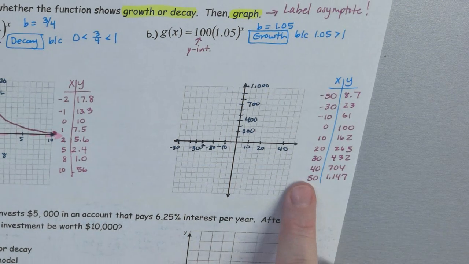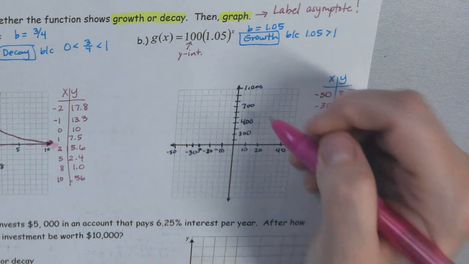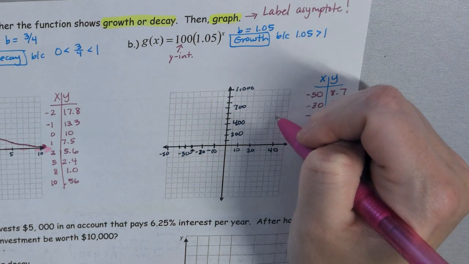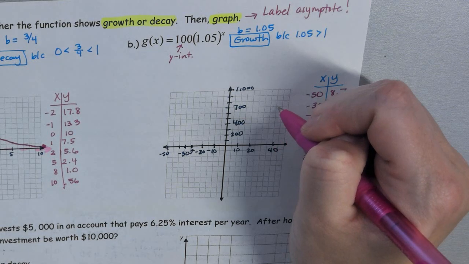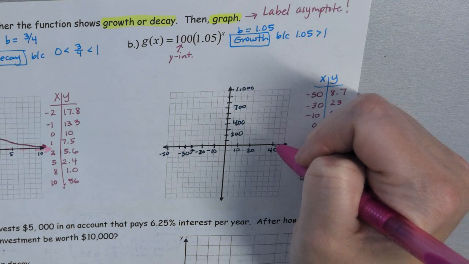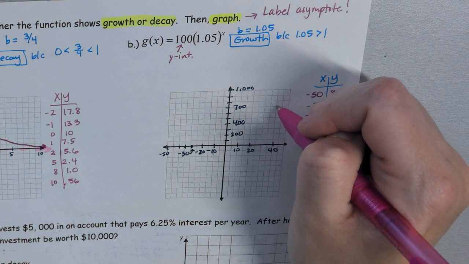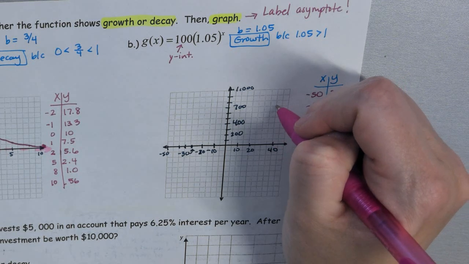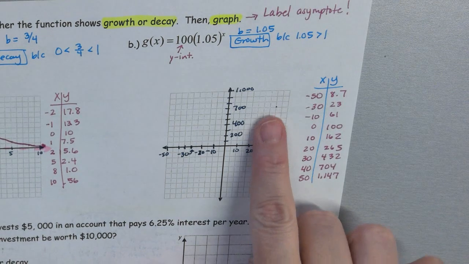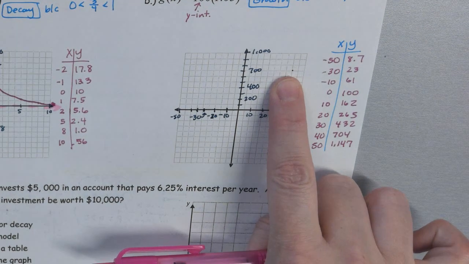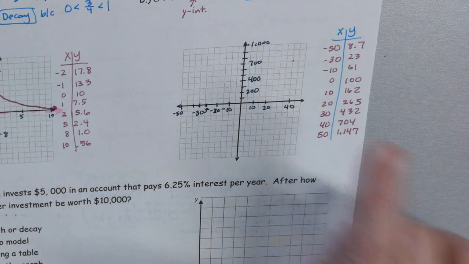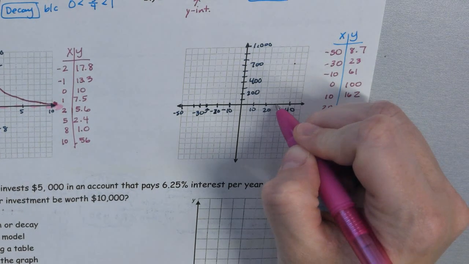Okay, and again, I like to start here. So at 40, I'm going to be at 704. So again, I'm just putting a dot. It is going to be very, very close to 700. So because those are going by hundreds, I'm pretty much putting it on that line. At 30, I'm at 432.